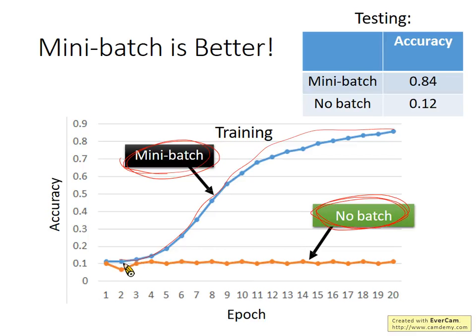When we consider the total loss, we may quickly get stuck in a local minimum, and we have no chance to jump out of it. However, when we use mini batch, we keep updating many times, and we have more chance to jump out of a local minimum. So this is a good tip to increase your training accuracy.